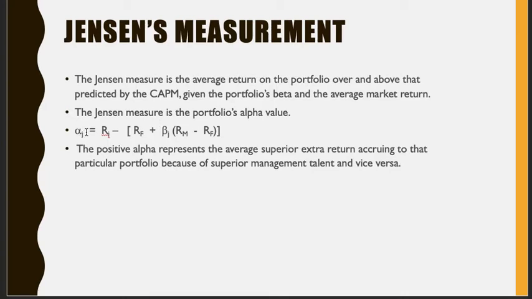So the alpha is positive 1, which represents superior management, or good management talent. And vice versa: if the required rate of return is 14 and the actual performance of the portfolio is only 13, then 13 minus 14 is negative 1. When the alpha is a negative figure, it means bad management talent.